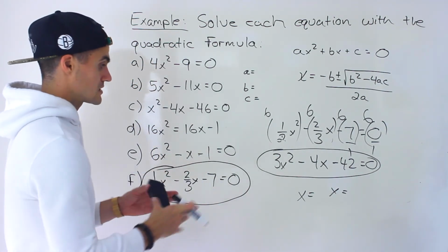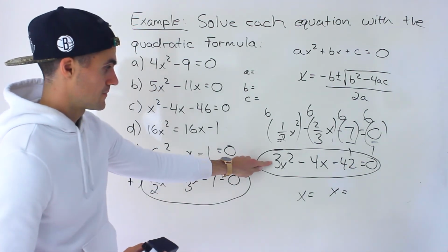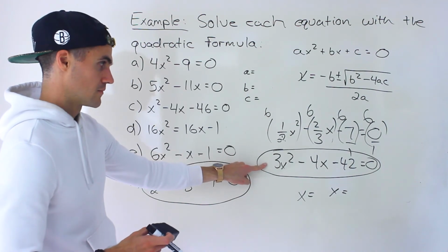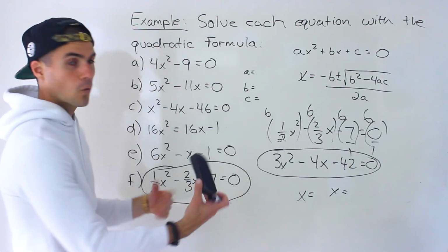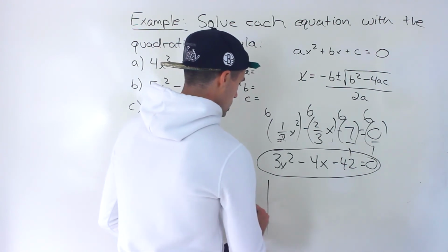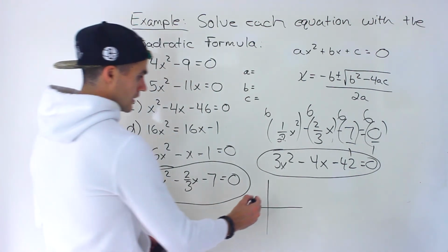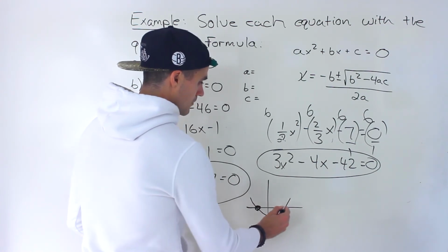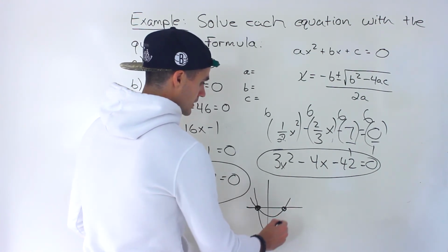Both equations are the same. Now, the quadratics are not the same, but the solutions to both of these equations are going to be the same. Because basically what's happening is, even though these quadratics may look different, they're actually still going to be going through the same intercept. So it'll be like something like this.